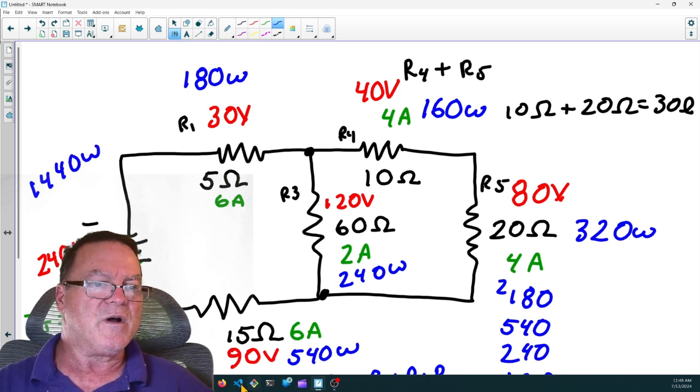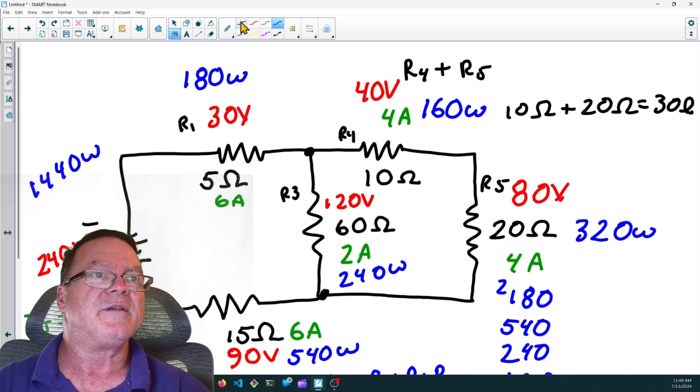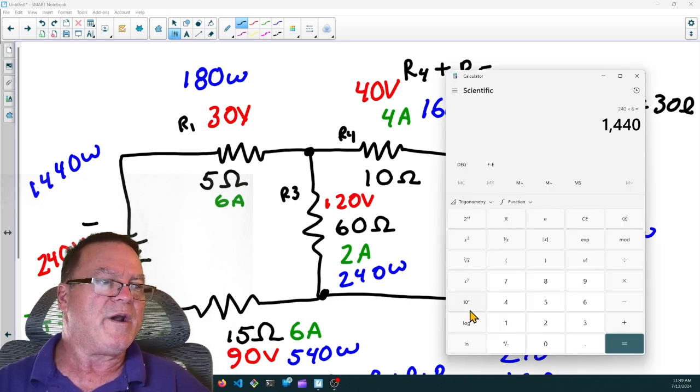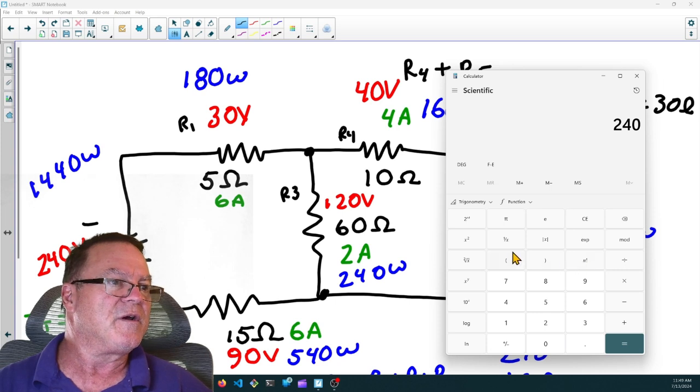And let's see what 240 squared divided by 20 is. My total resistance was 20 ohms, we said, right? So what is 240 squared, 240 E squared, divided by 20 ohms?